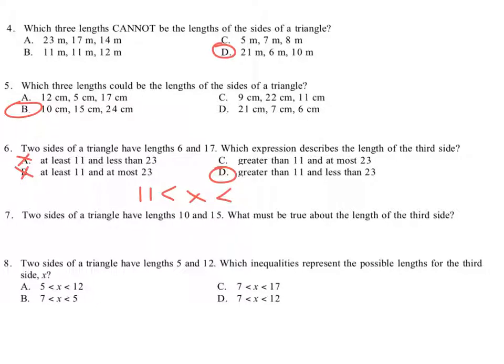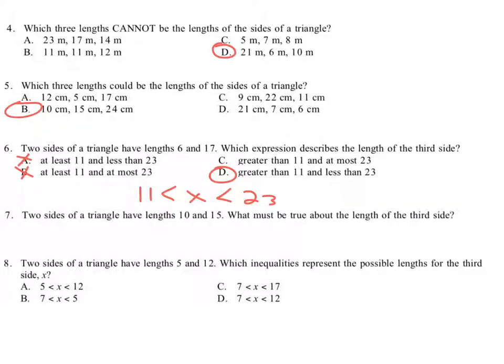Okay, x is the missing side. And what if we add them together? 6 plus 17 is 23. If these were the two shorter sides, then the other side would have to be less than 23 to span it. So the quick answer is it's never going to be equal to, it's always going to be a kind of greater than situation. And you subtract the two numbers to get the lower end, and you add them for the higher end. That's the trick.